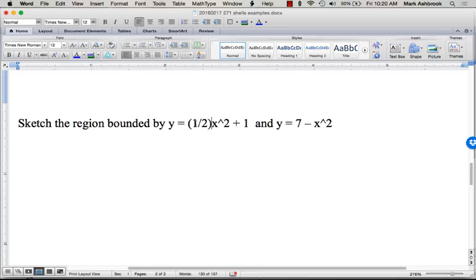It's just enough to get going on these things. So what's the region bounded by those two?